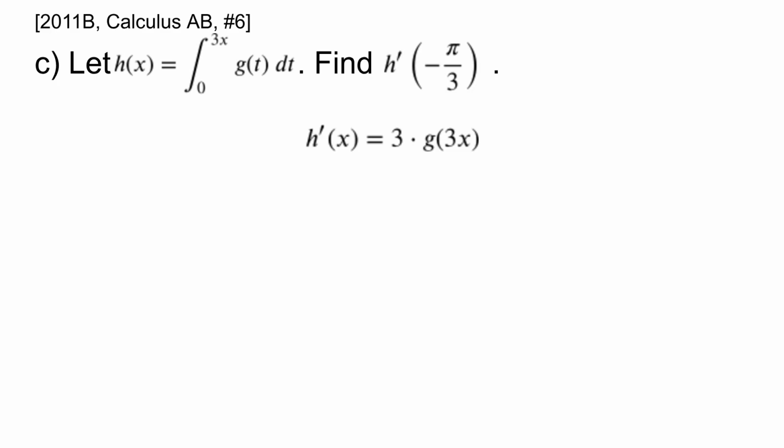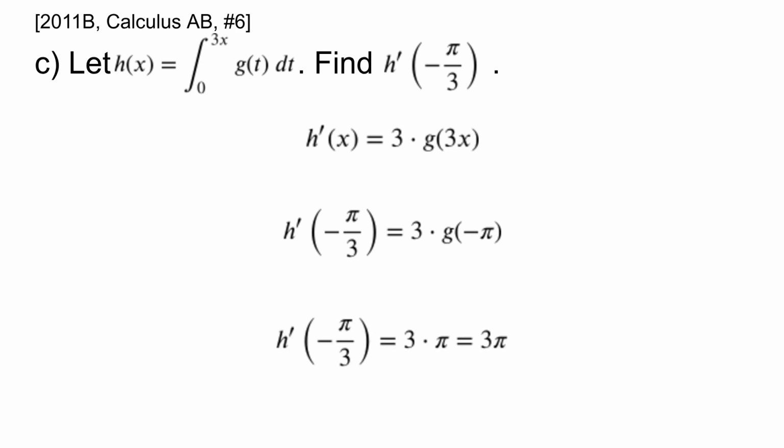That's based on the fundamental theorem of calculus. So h prime of negative pi thirds would just be 3 times g of negative pi. And so h prime of negative pi thirds is 3 times pi, or just 3 pi.